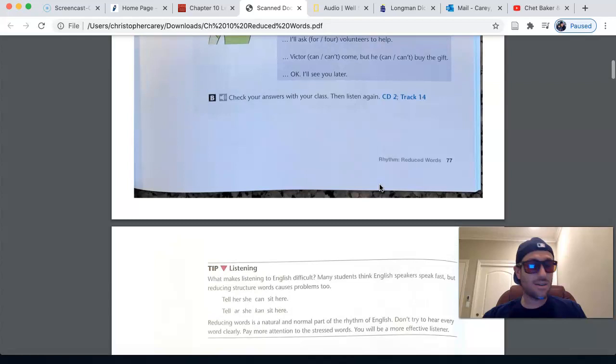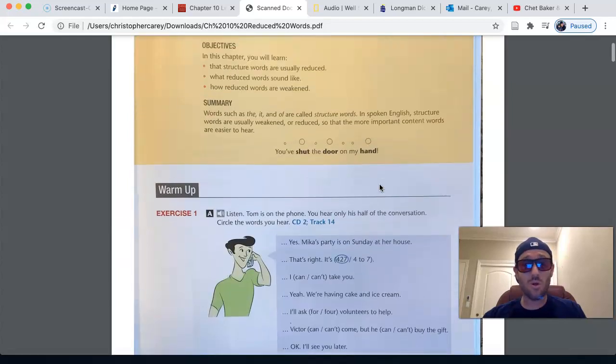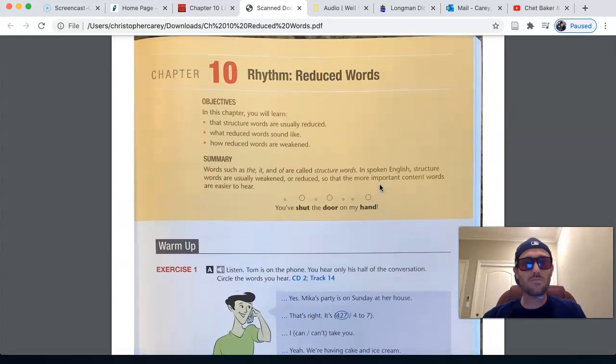So the main idea, and thank you for being so patient, this is a long introduction. The main idea is that structure words in English are usually reduced. We're going to look in more detail in this chapter at what they sound like, what sounds they make, and how they're reduced.